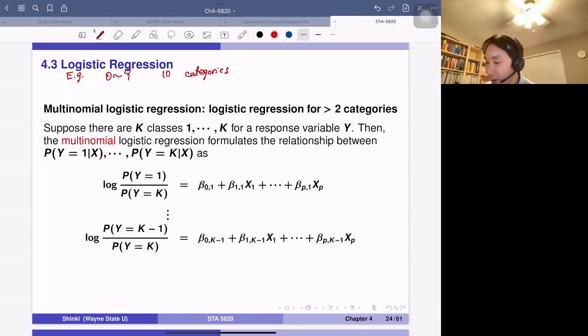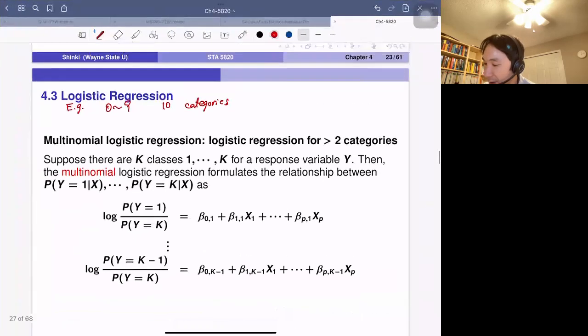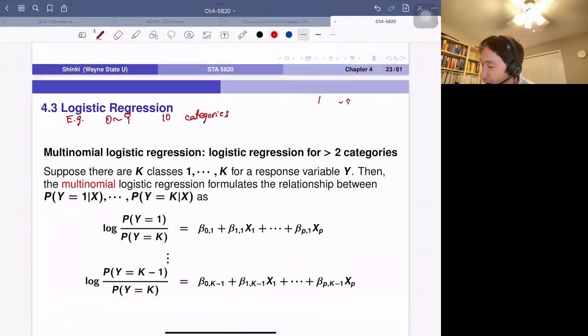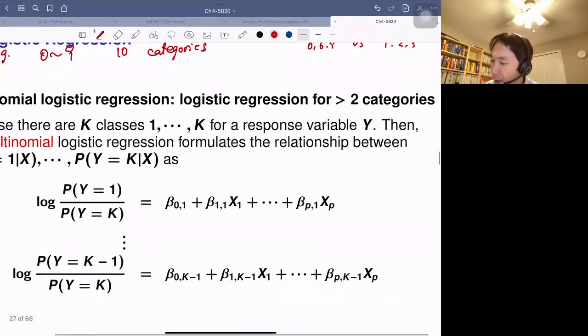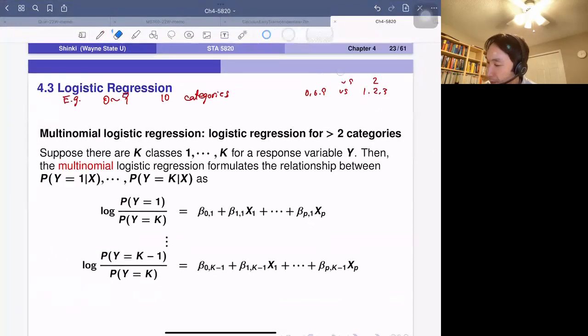We can use logistic regression if we only have, for example, 1 and 2, or if we group 0, 6, 9 versus 1, 2, 3. But if we have 10 categories, we cannot apply logistic regression. In such a case, one extension is multinomial logistic regression.